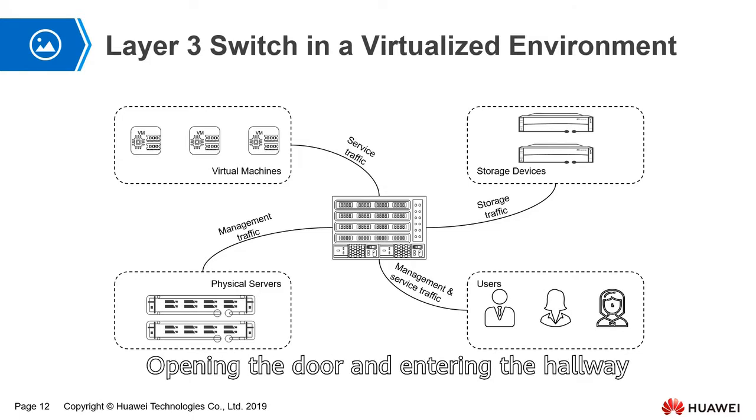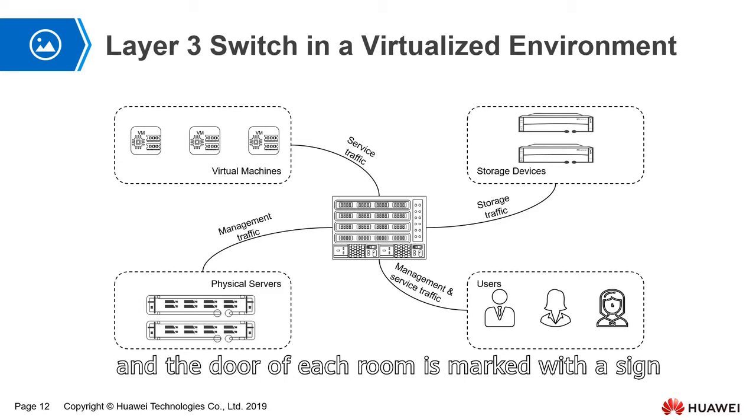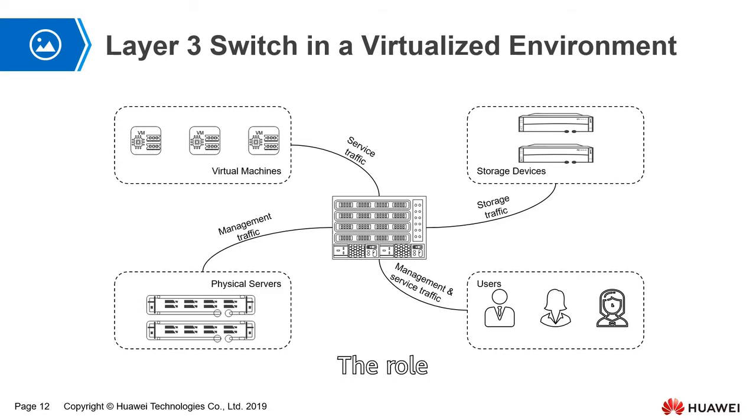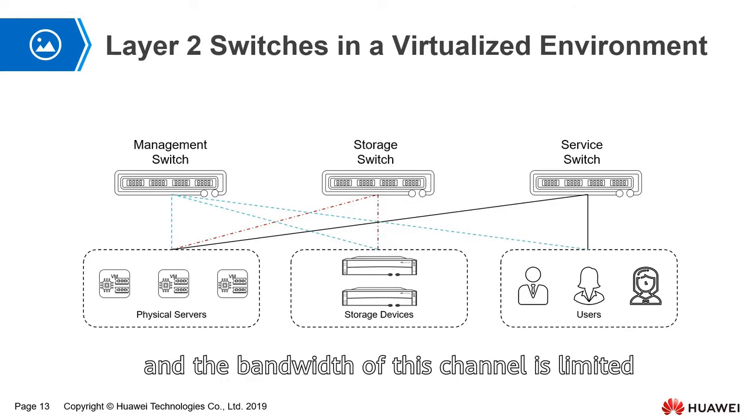Opening the door and entering the hallway, many labels are placed in the hallway, and the door of each room is marked with a sign. The role of this hallway is equivalent to the role of the layer 3 switch. Different traffic is logically distinguished by VLAN. However, physically only one channel is used, and the bandwidth of this channel is limited.